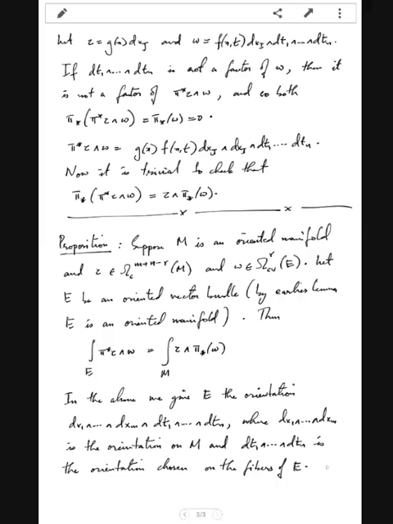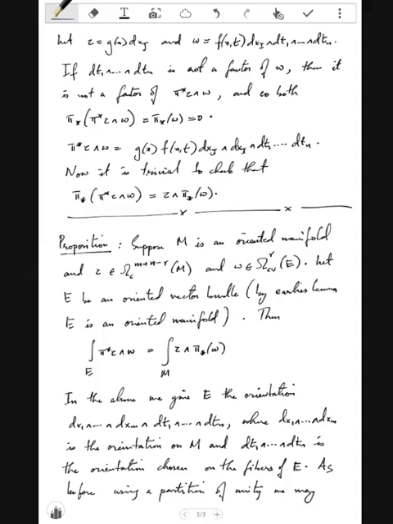So as before, using a partition of unity, we may assume M is R^n and E is M cross R^n.